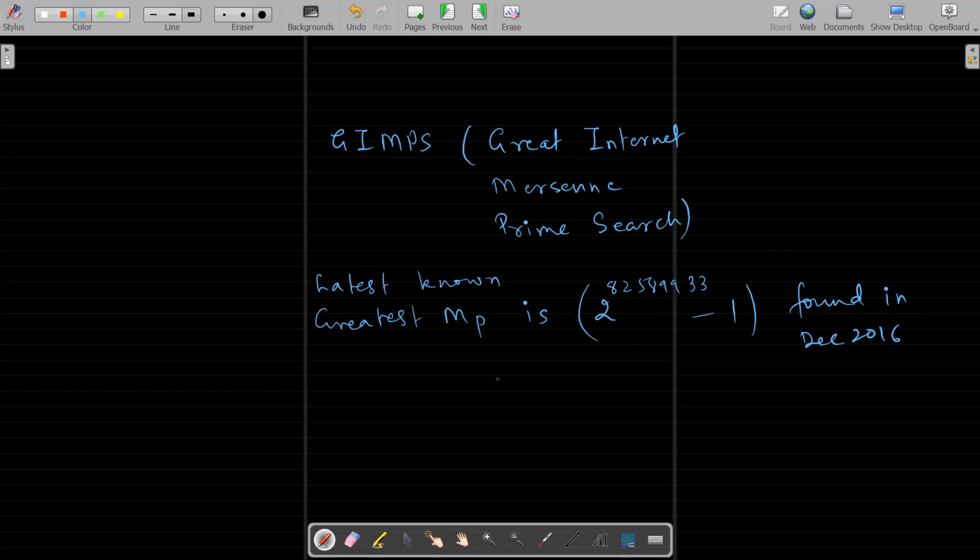Sir, can I raise 2 to this latest known Mersenne prime and then subtract 1 from it? But practically speaking, finding 2 raised to 8259933 is a very tough job. In fact, it will be a huge number. Let me tell you the number of digits.